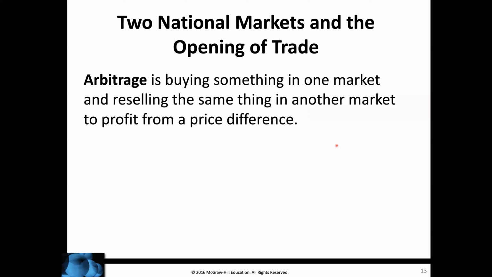It's called arbitrage. Arbitrage is buying something in one market and reselling the same thing in another market to profit from a price difference. So if, for instance, in the second country that we've added into this mix, you can purchase a motorbike for less money in that country, you could buy it in that country and then bring it to your domestic market and sell it for a greater profit because you were able to purchase it at a lower price.